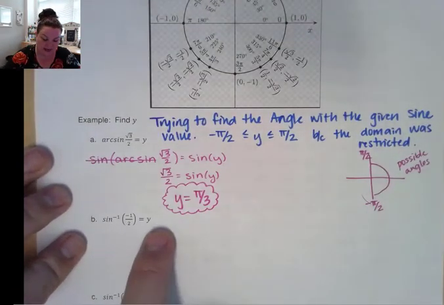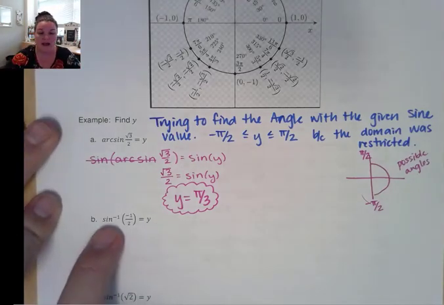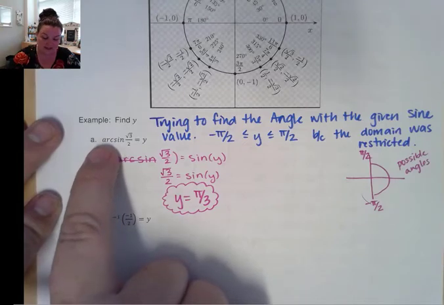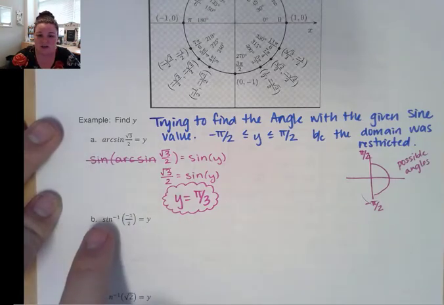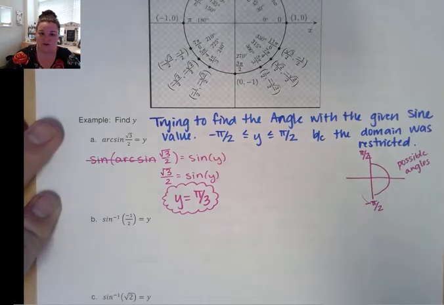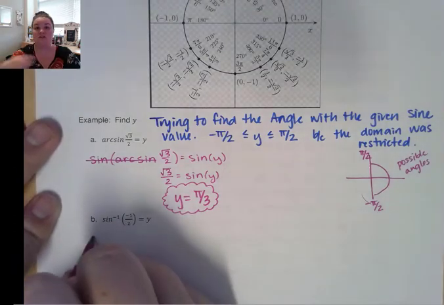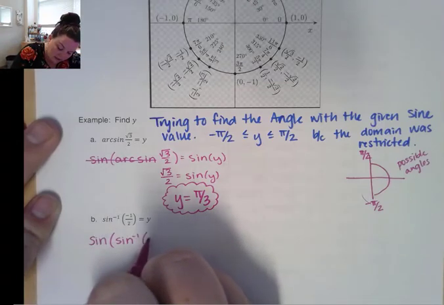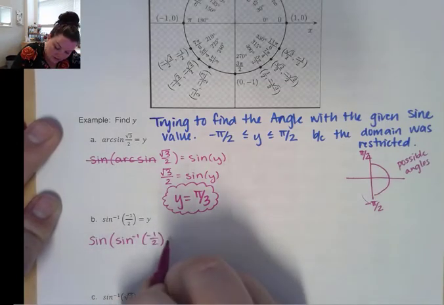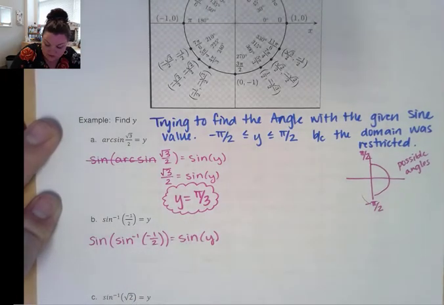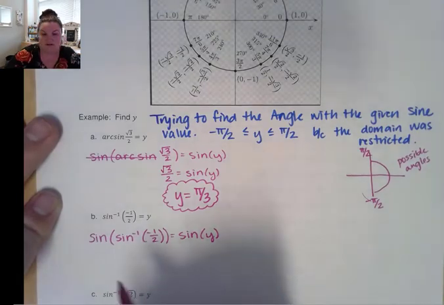This one says sine inverse of -1/2 equals y. So again, this is the same as the last one. It's just written with a different notation. So arc sine is the same thing as sine inverse. So to get rid of sine inverse, we can just apply the regular sine function. So we're going to do sine evaluated at sine inverse of -1/2 is equal to sine y.